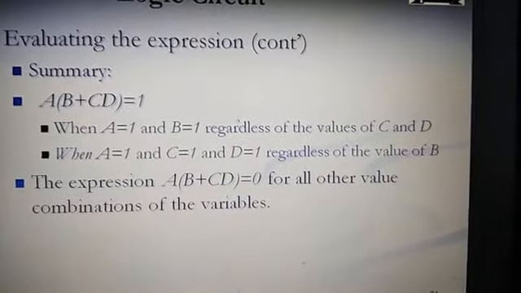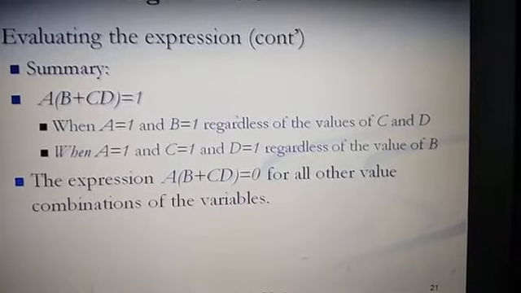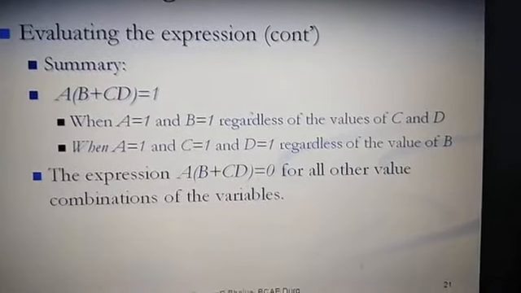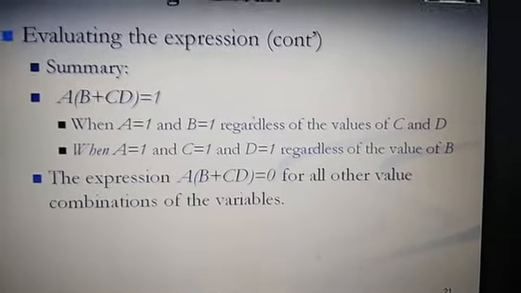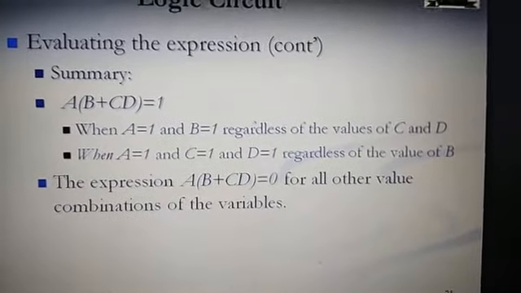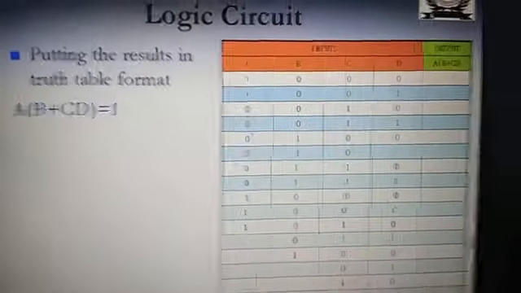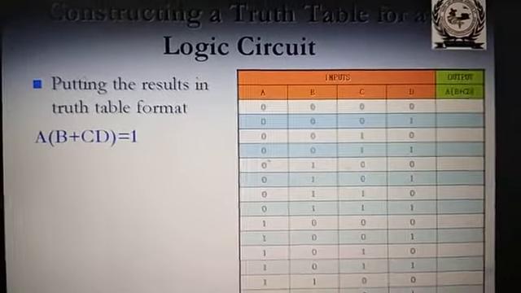When A is equal to 1 and C is equal to 1 and D is equal to 1, regardless of the value of B. B may be 0 or 1. Right? Then this bracket A into B plus CD is equal to 0 for all other combinations.